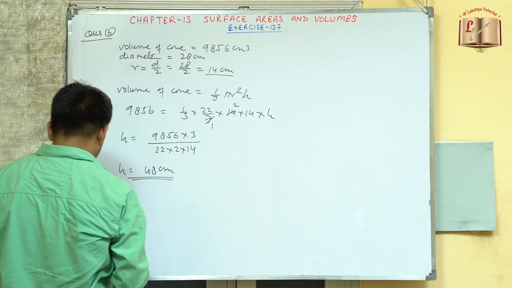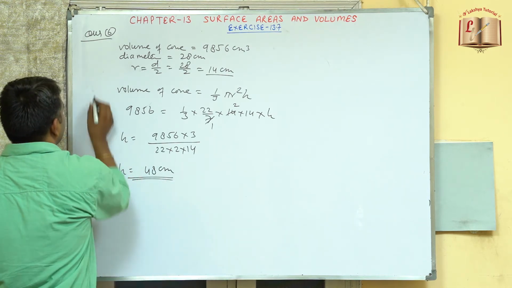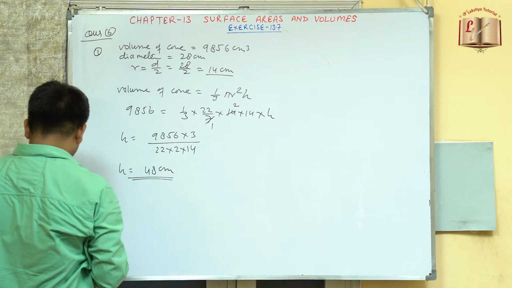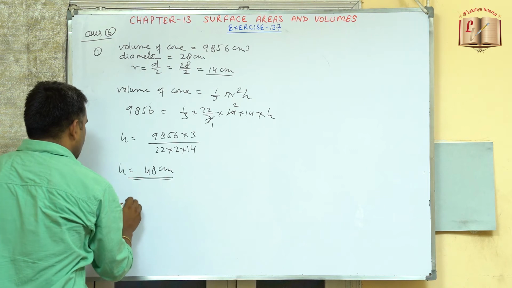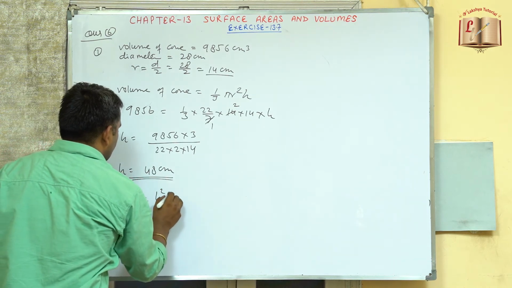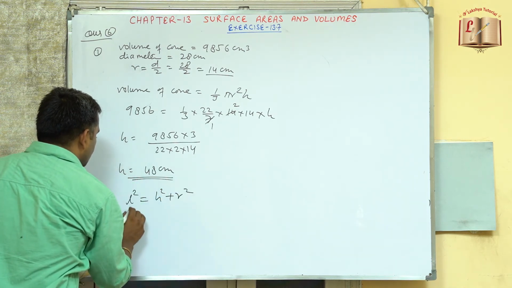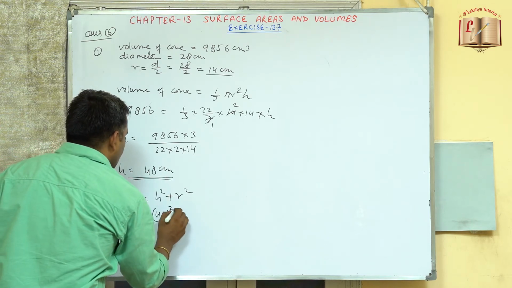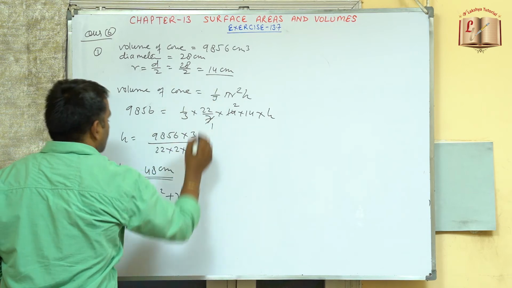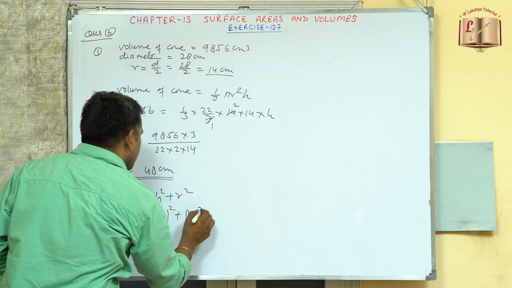Now we need to find out the curved surface area. So for curved surface we need to find out the slant height. So L square will be equals to h square plus r square. So L square will be equals to h, we got this is 48 square plus r square, this is now 14 square.